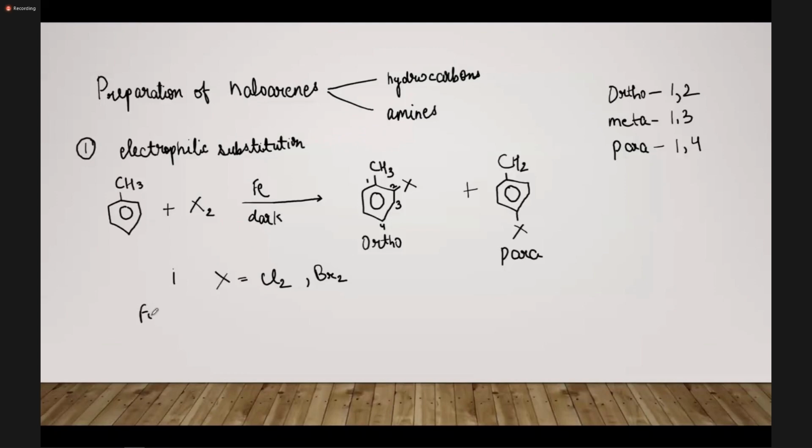So for X equal to iodine, we need to use strong oxidizing agents. Otherwise, the reaction will be reversible and we will not be able to get any product, or you can say a very low yield of product.